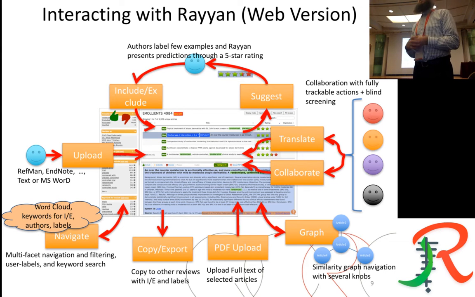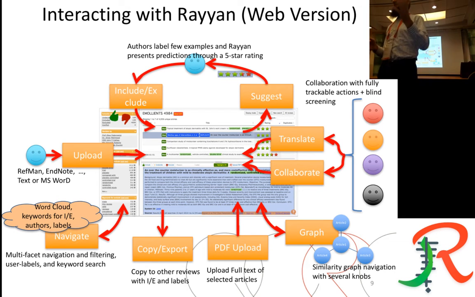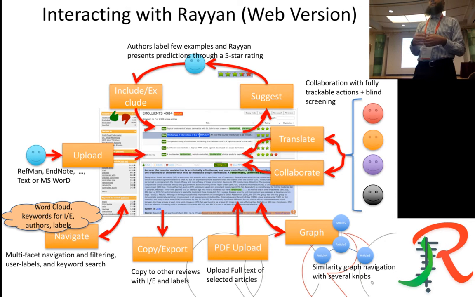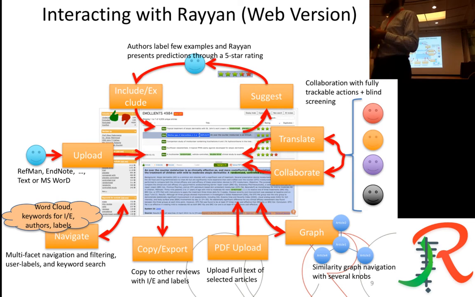So once you upload the result from the search, you go inside Rayyan, you upload it, and then you start screening by including, excluding, labeling those citations. And then as the system learns from what the user is doing, this is very important to understand.